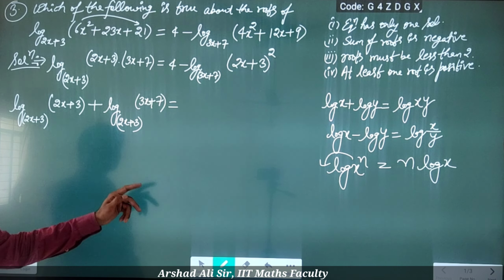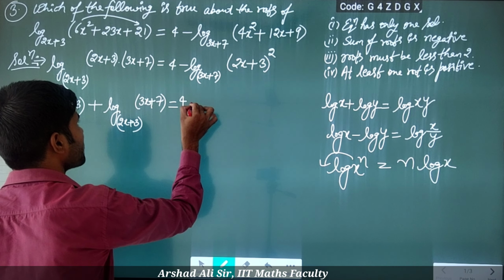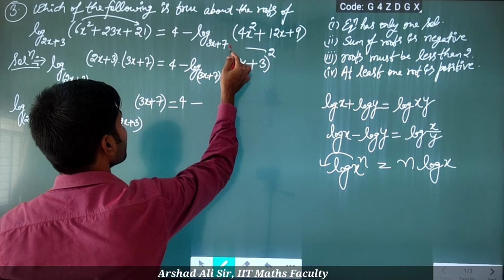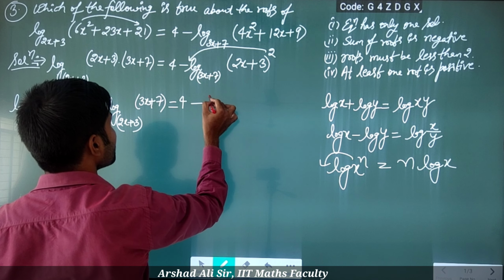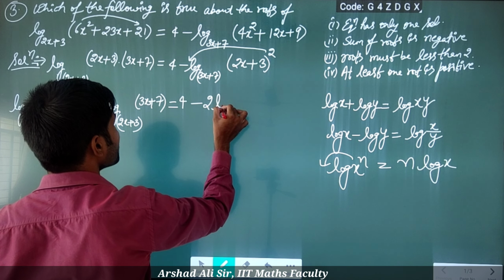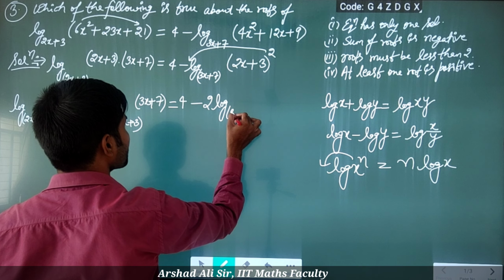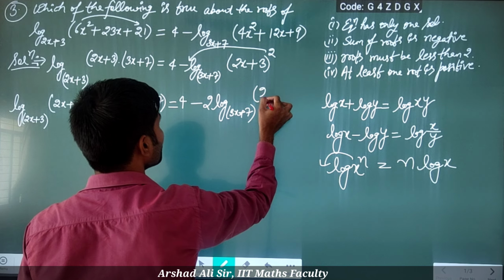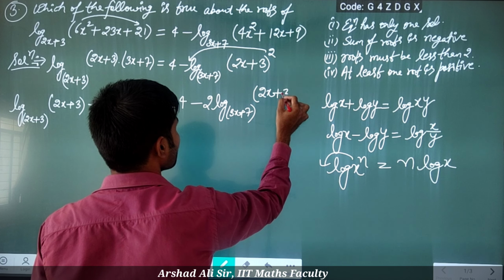Equal to 4 same, minus, here log x power n, so the power will be multiplied. So here we can write 4 minus 2 log of (3x plus 7) base (2x plus 3). Okay, it is the value.